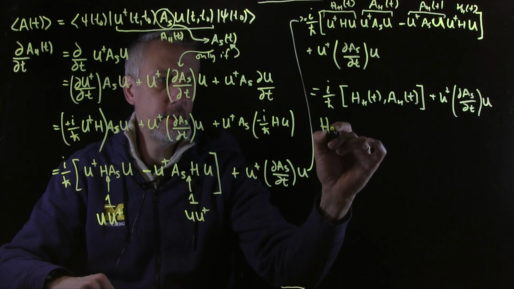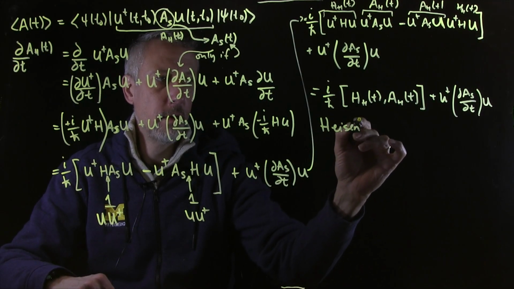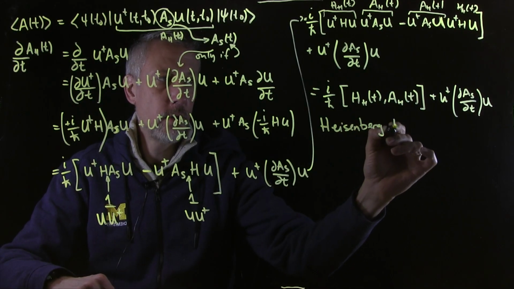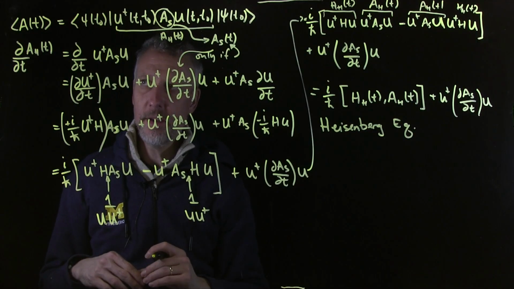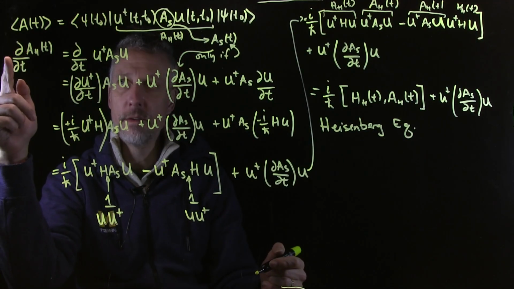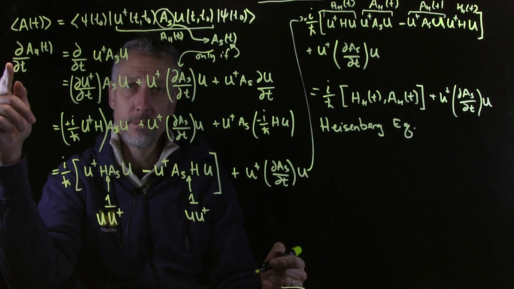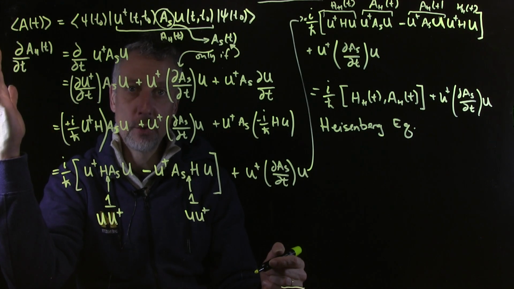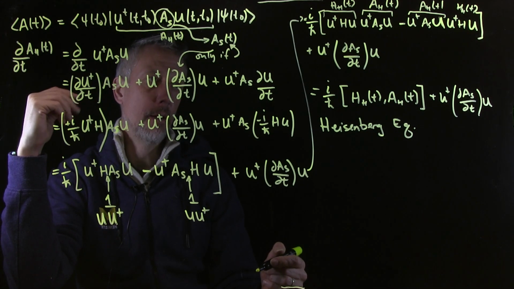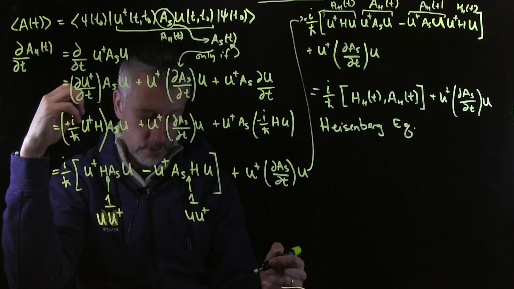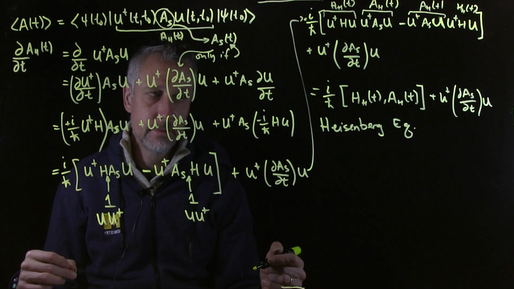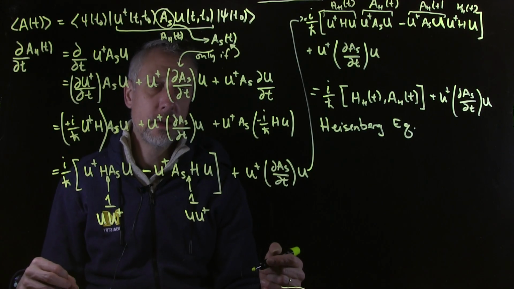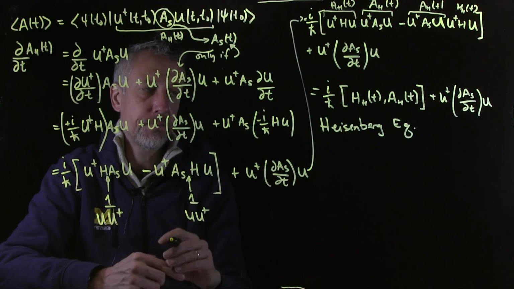This is called the Heisenberg equation. And it's interesting if you notice these different things. So this is an equation of motion for an operator, right? An observable quantity. We had the density operator, the Liouville-von Neumann equation, the equation of motion for the density operator.